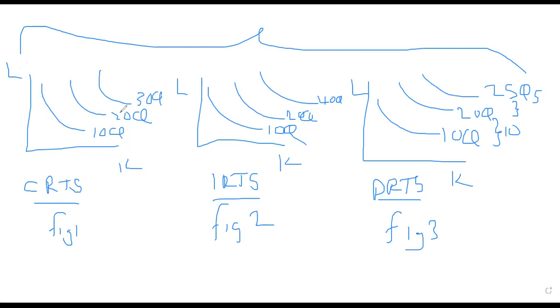Here we have 10, 20, 30, so the output is increasing at a constant rate, by 10 throughout. But in figure 2, it's increasing from 10 to 20, 20 to 40, 40 to 80, it's doubling. We call this increasing returns to scale, because when we combine labor and capital, production will increase.